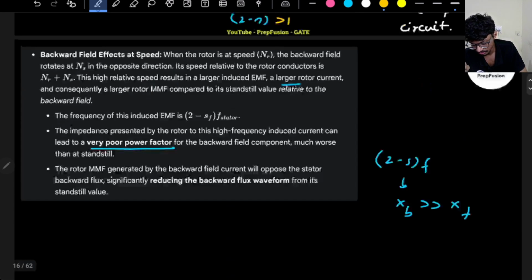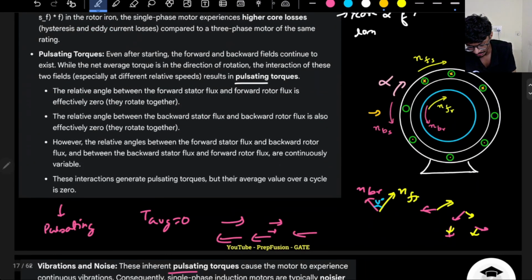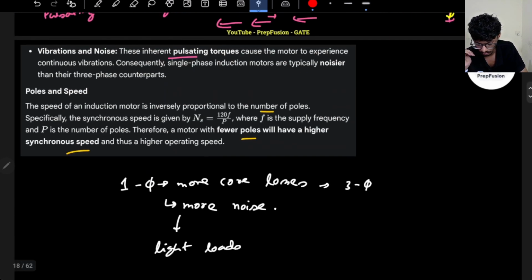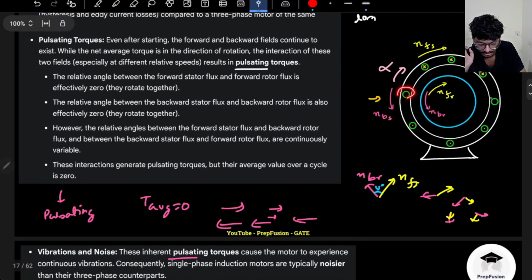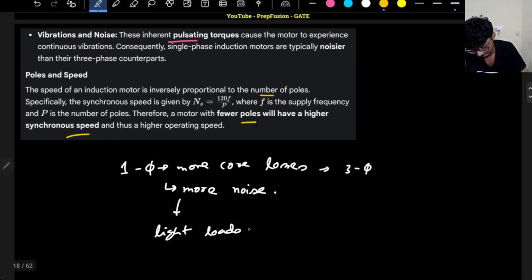Here, as a few of the windings are used as auxiliary winding, the number of poles of the single phase motor will be lower than the number of poles of the three phase induction motor. Why? Because a few windings are used as auxiliary windings, so they do not take part in the poles.